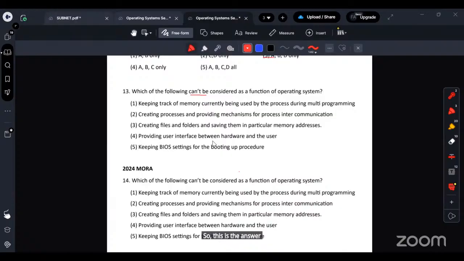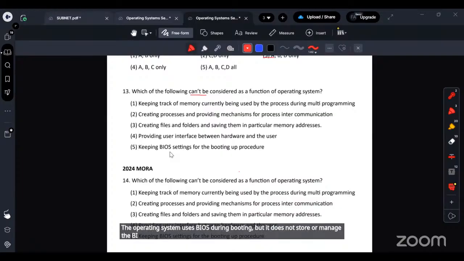Why? Because the BIOS is firmware stored on a non-volatile chip. The operating system uses BIOS during booting, but it does not store or manage the BIOS settings themselves.